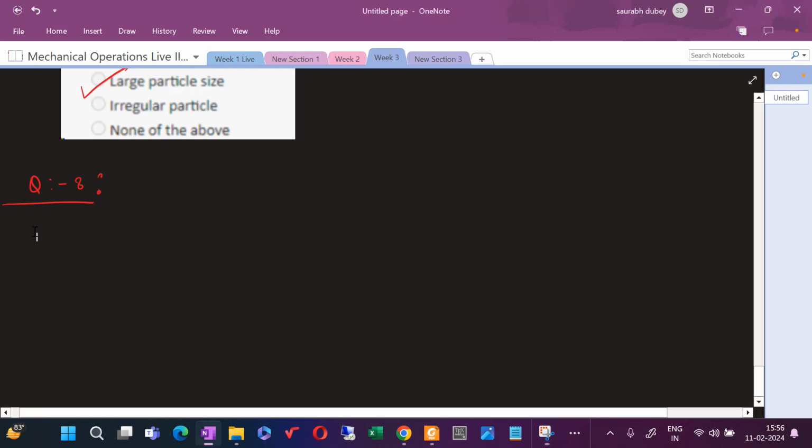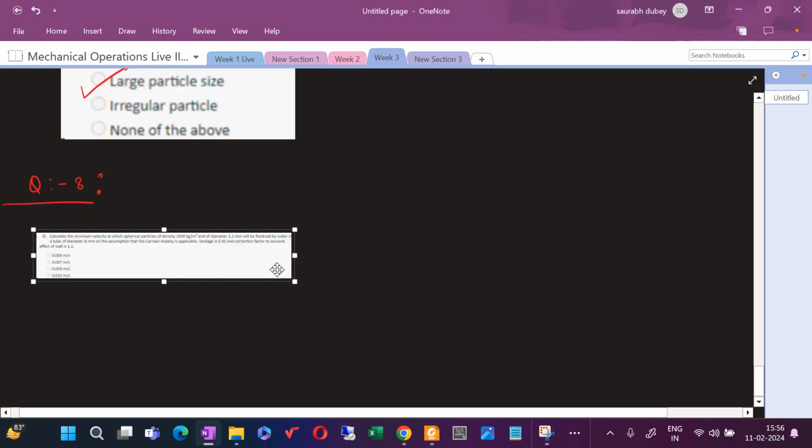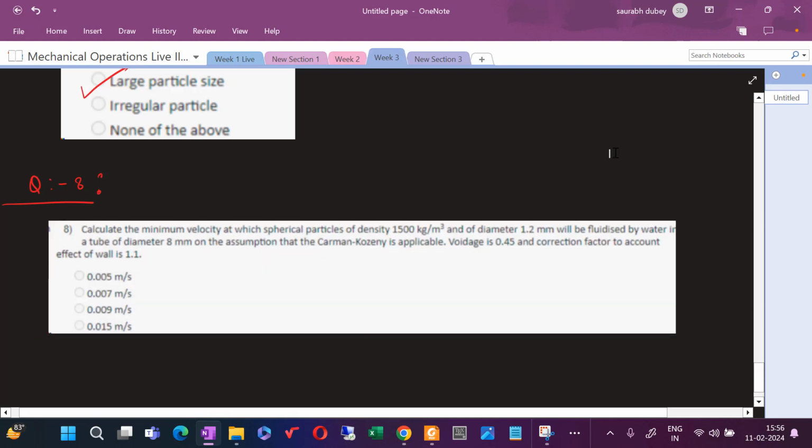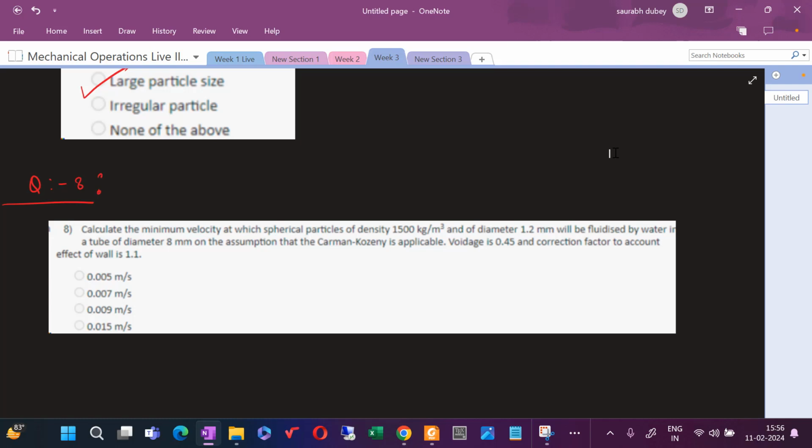Calculate the minimum velocity at which a spherical particle of density 1500 kg per meter cube and diameter of 1.2 millimeter will be fluidized by water in a tube of diameter 8. This is the diameter of the fluidized bed.